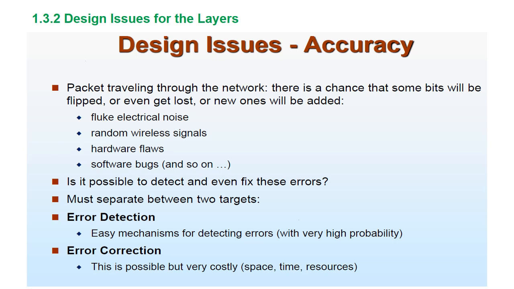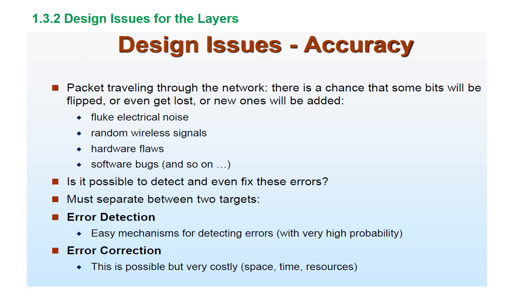All those issues are going to be categorized in network software also. When the data is transferred from one place to another place, it is divided into packets, and the packets travel through the network.